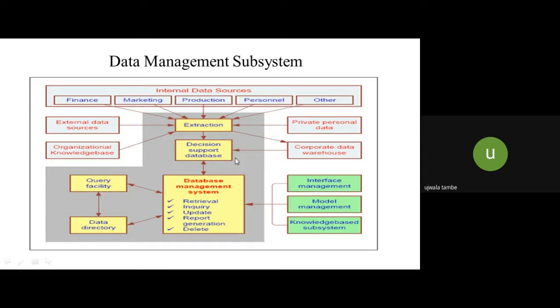After that, the next part is the interface management, model management, and knowledge base subsystem. Whenever we talk about the interface, we have to keep in mind that we are talking about the graphical user interface.